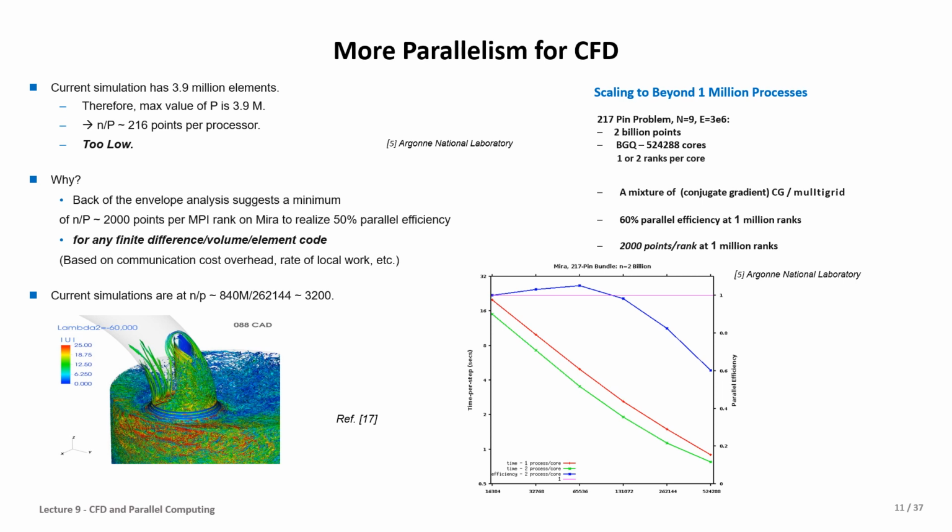These simulations ran on the Mira supercomputer at Argonne National Laboratory, and when they looked at the information, the envelope analysis suggests a minimum of 2000 points per MPI rank to realize 50% parallel efficiency.